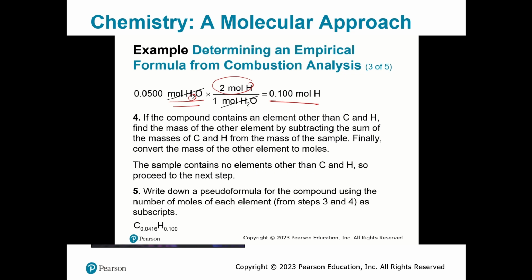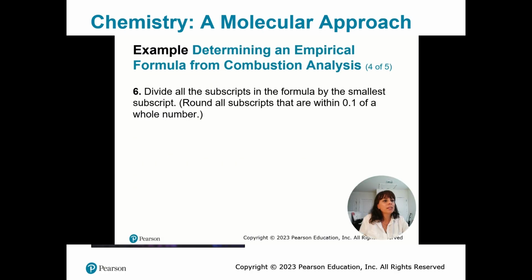Write down the pseudo formula for the compound. Use the number of moles of each element that you found. So this is the moles of carbon that we found and the moles of hydrogen that you just calculated. Now we're going to divide both by the smallest number. The smallest number is 0.0416.